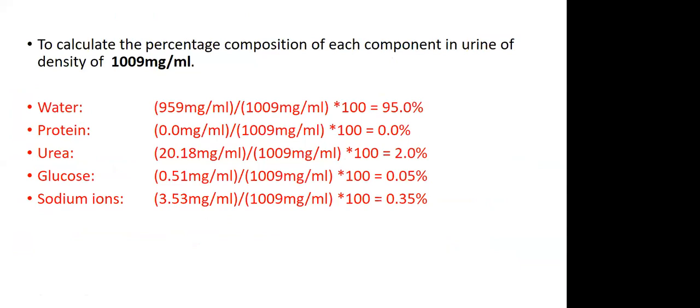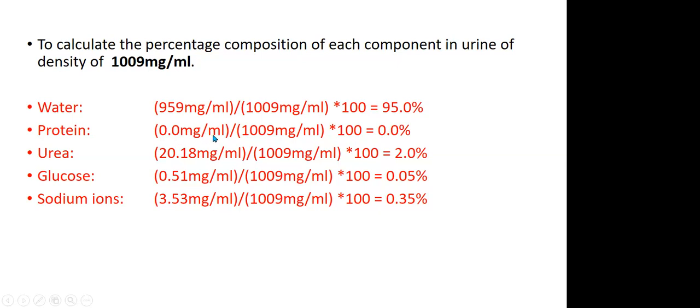So this is how we calculate it, like Daniela said. In the last column, we had 959 milligrams per milliliter. So we divide it by the concentration of the urine itself, and then we multiply by 100. So we should get 95.0%. And when we do it for protein, you notice that in the urine, there were no proteins.